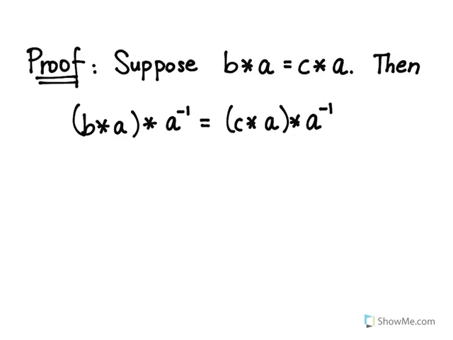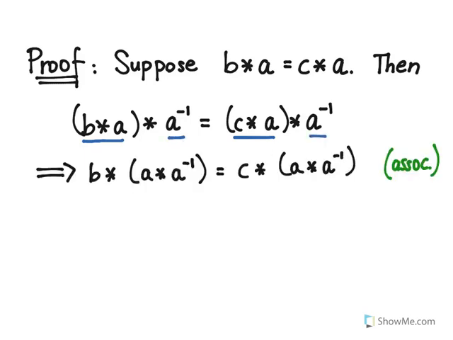The first thing I can do is use the fact that because this is a group, every element has an inverse. So in particular, A has an inverse. And then I can take these two things which are equal to each other, B star A and C star A, and multiply or star both of them by A inverse. Next, I'll use the associativity property of groups to rearrange the parentheses on both sides of that equation.